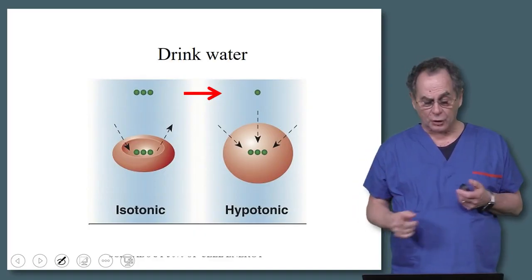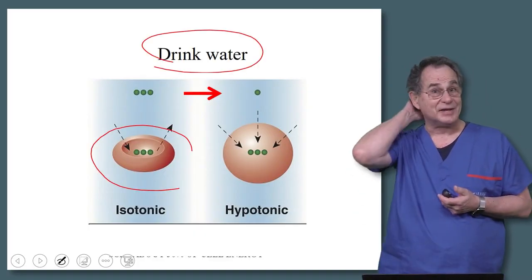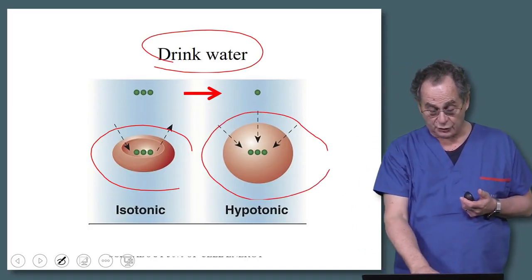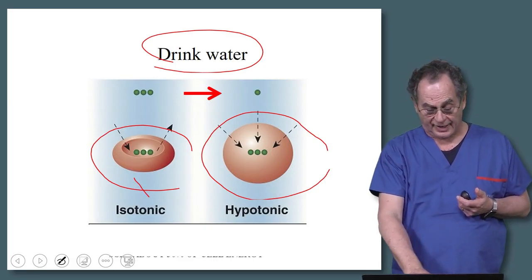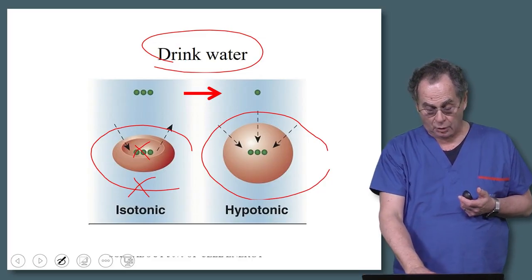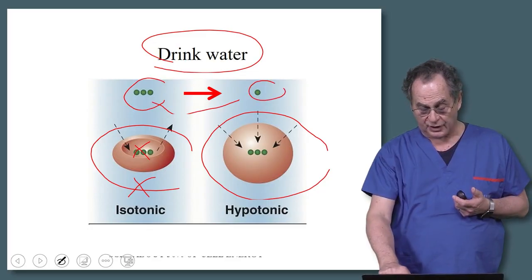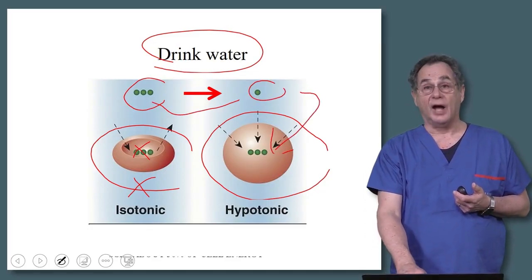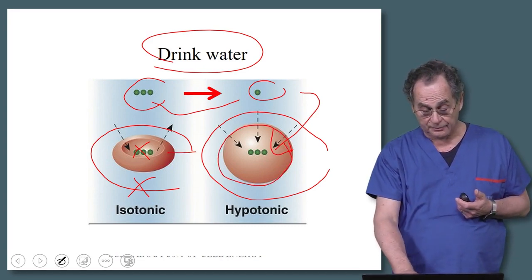So here in this cartoon example of drinking water, here's a single cell. In this case, it's actually a red blood cell. And here it is on the right-hand side. So in a state in which the osmolality is similar in the extracellular and intracellular space, if we drink water and dilute the solutes outside the cell, water will move into the cell to dilute the interior of the cell, and the cell will expand.